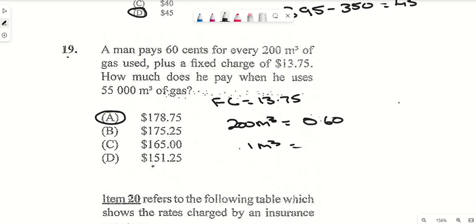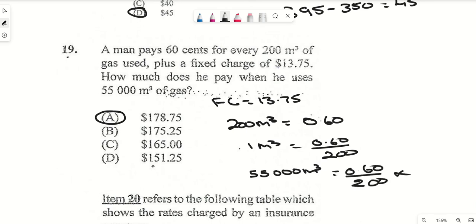1 meter cubed is 0.6 divided by 200. And we want to find for 55,000 meters cubed, that's 0.60 divided by 200, all multiplied by 55,000. Right, you cross out these two zeros, 100 could go into 200 two times, and 100 could go into 55,000 550 times.